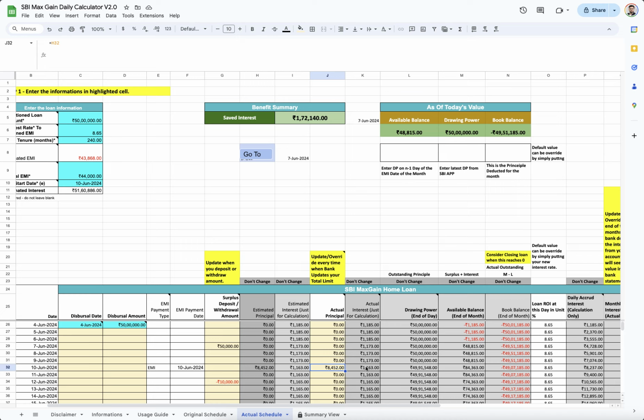So put this value here, 50 lakh was the original value, and enter the latest. The day when EMI is getting deducted, take the value of your DP or the total limit, put it here. After 1 or 2 days, check your new DP. Let's say this is your new DP.